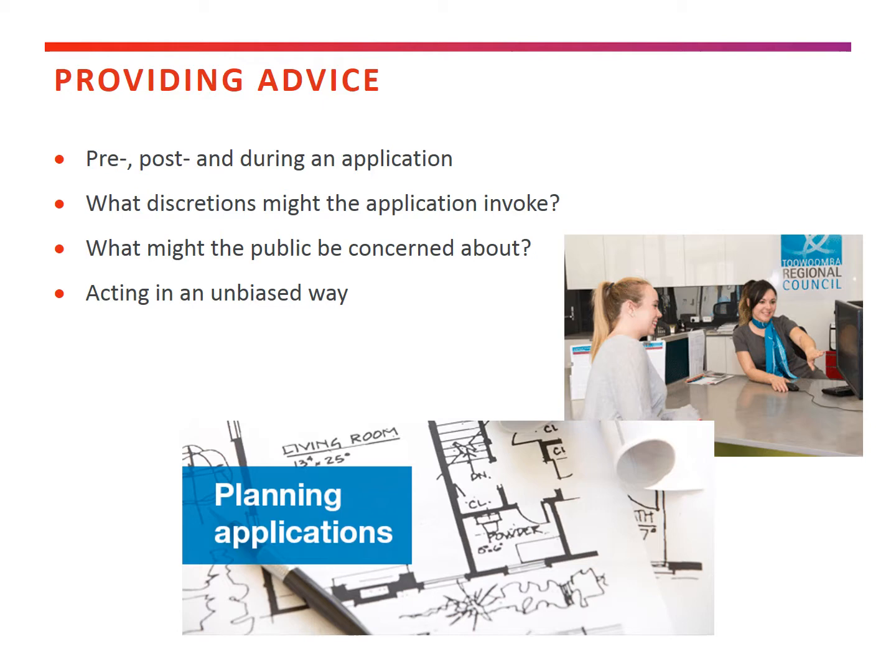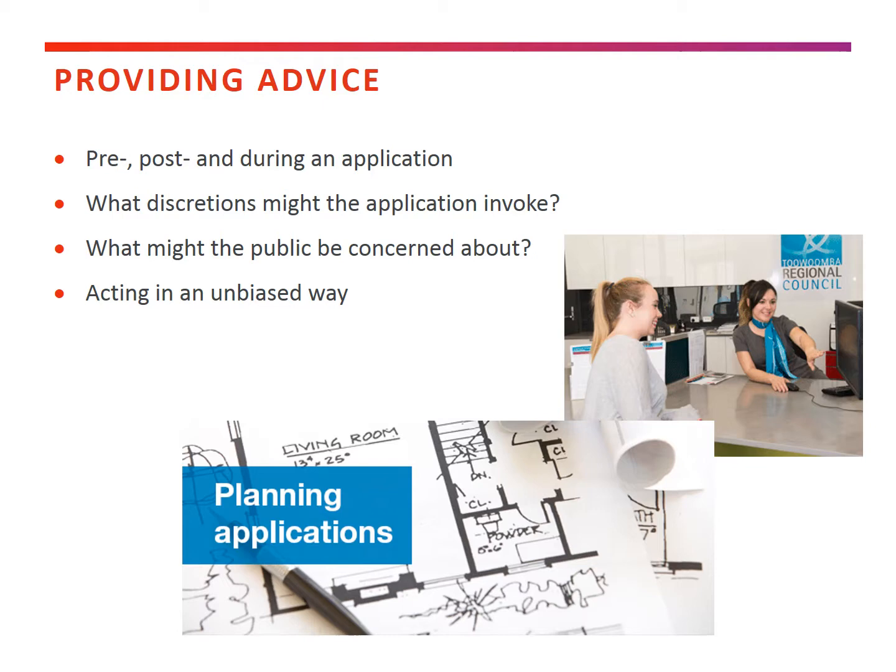Of course, the usual applies in that the council planner has to be careful about what they're saying. It has to be about the planning scheme and about how it works, maybe what zones and overlays apply, what can and can't be considered. It's not the council planner's role to indicate a decision.